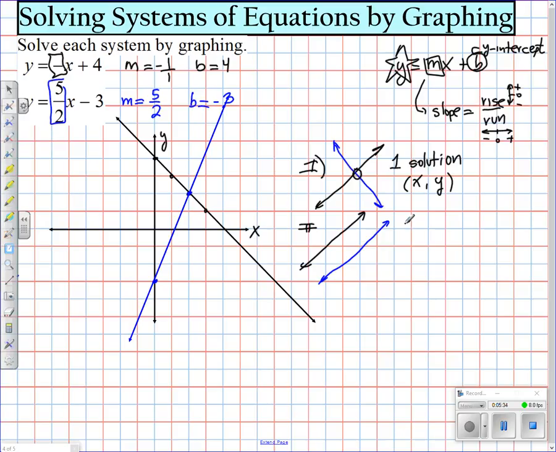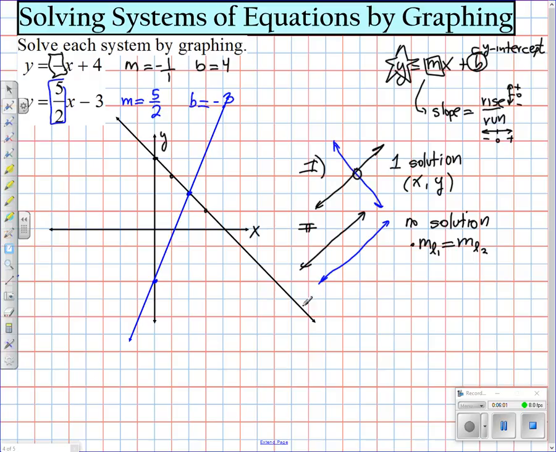They have no point in common, so the answer here will be no solution. And what you're supposed to know is, if they're parallel, the slope of line number one will be equal to the slope of line number two. If the slopes are the same, the two lines are parallel.